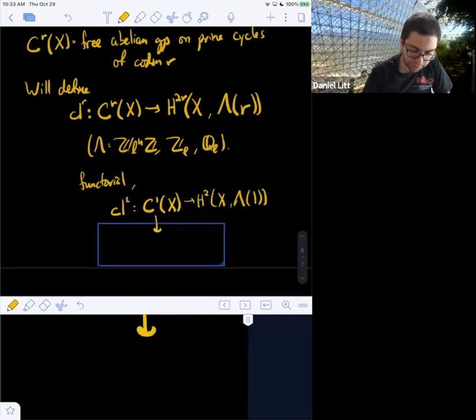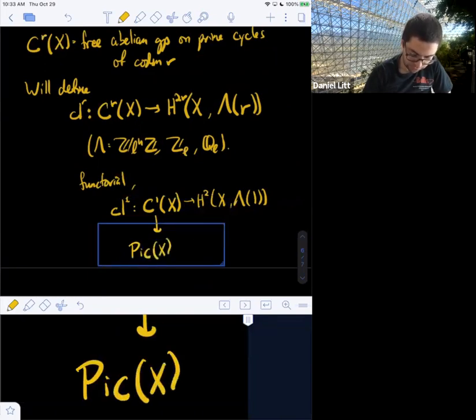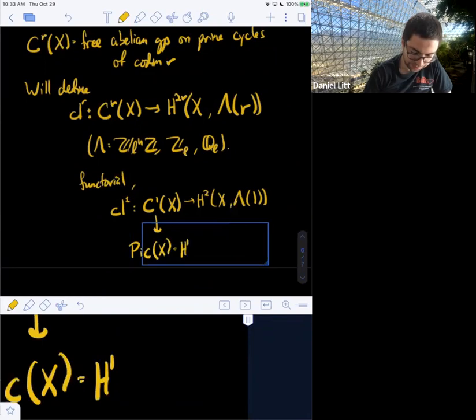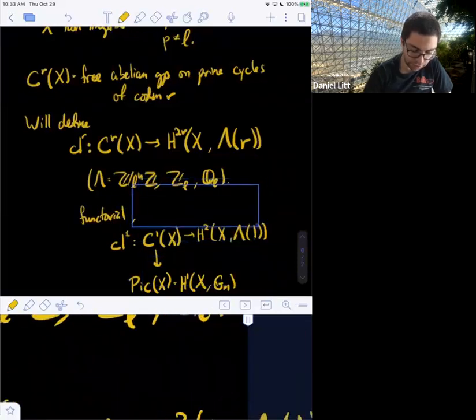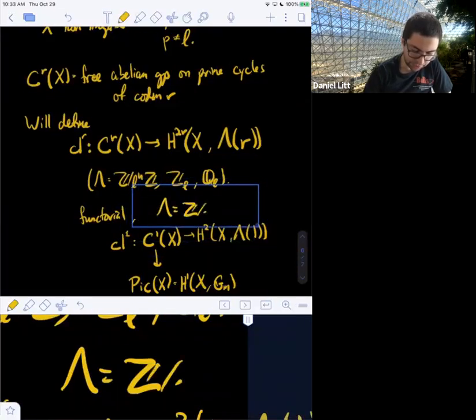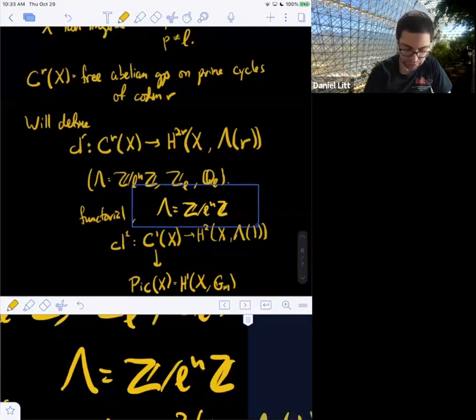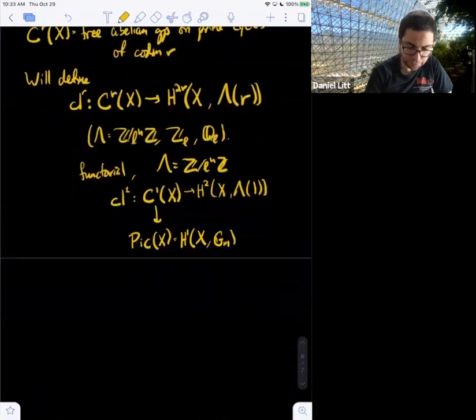So this C^1 of X maps to Pic of X, which is the same as H^1 of X with coefficients in G_m. Let me set lambda equal to Z mod L^N Z, since it suffices to do that case. There's a natural map from codimension 1 cycles to line bundles. So hopefully you've seen that explicitly.